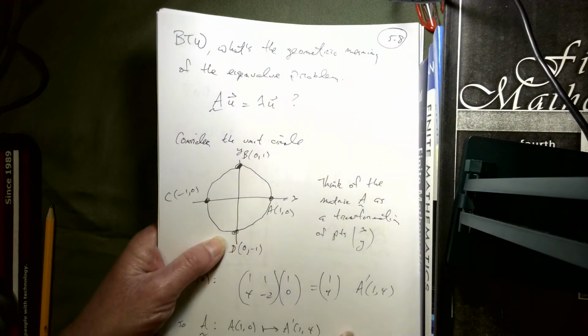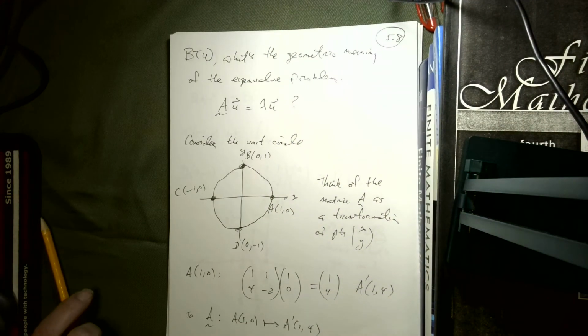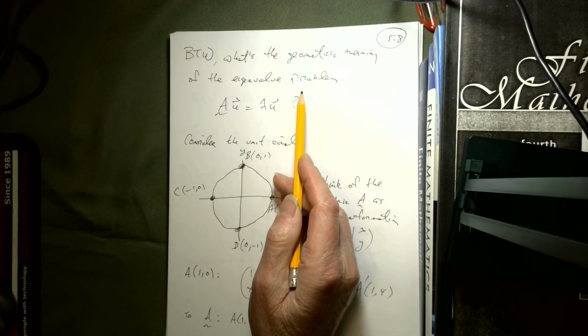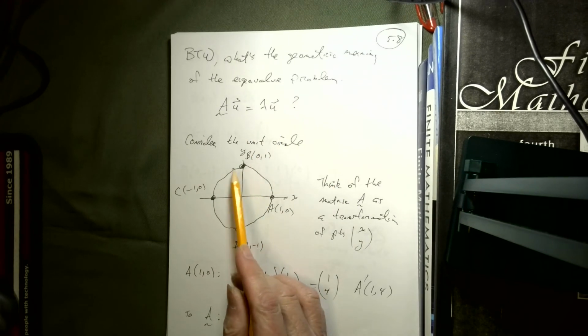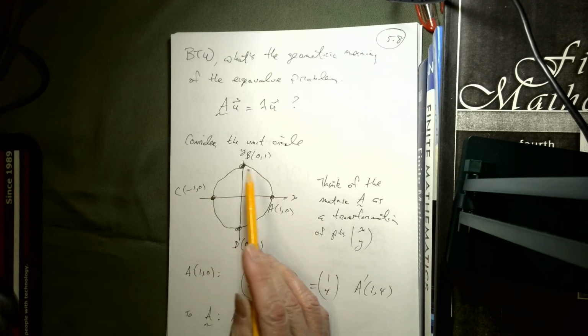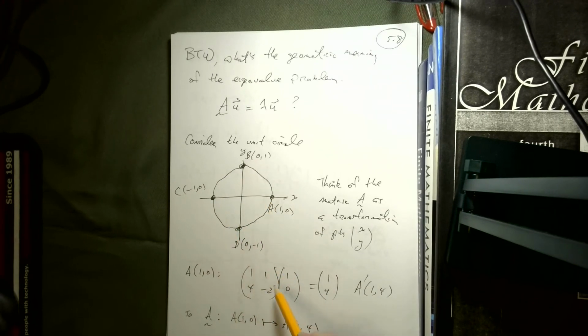I want to remind you of when we talked about the geometric meaning of the eigenvalue problem. Remember, we took the unit circle, and the reason we're doing this in the Cartesian plane is because we just have two variables, x's and y's.